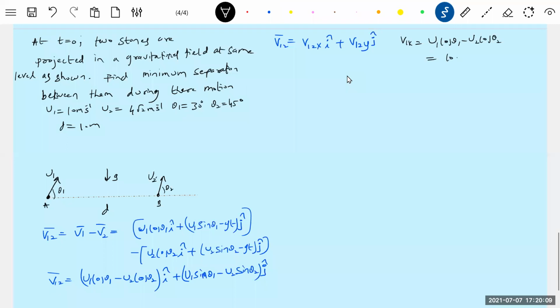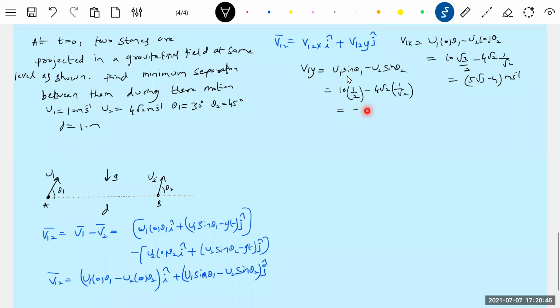U1 is 10, cos 30 is root 3 by 2, so 5 root 3 minus 4. Similarly, V12y should be equal to U1 sin theta 1 minus U2 sin theta 2. Now U1 is 10 by 2, U2 is 4 root 2 by root 2. 5 minus 4, 1 meter. Okay, yeah, we got a better value here.